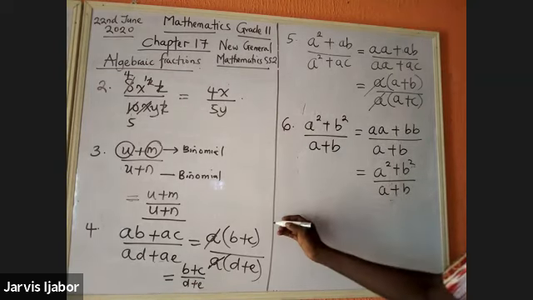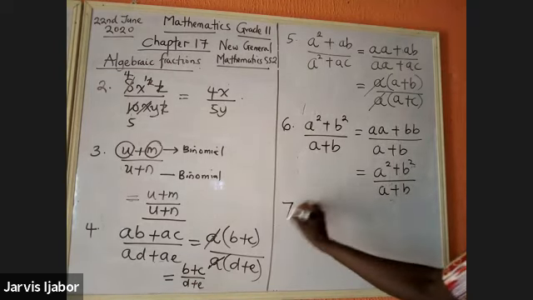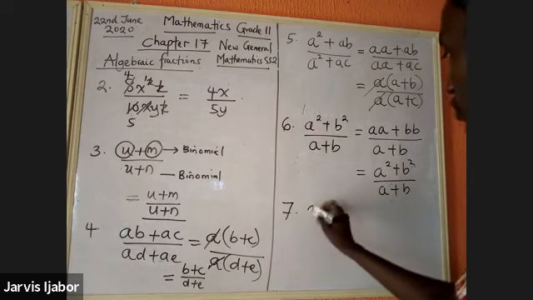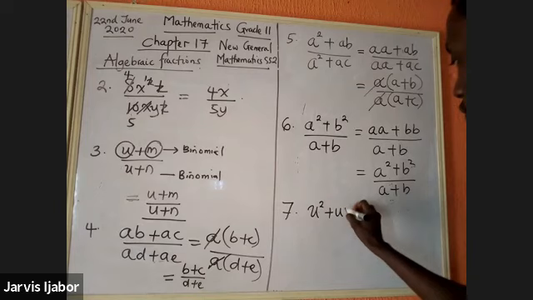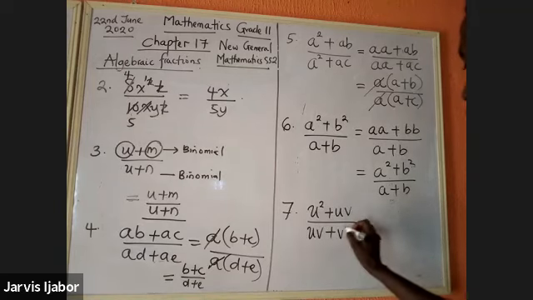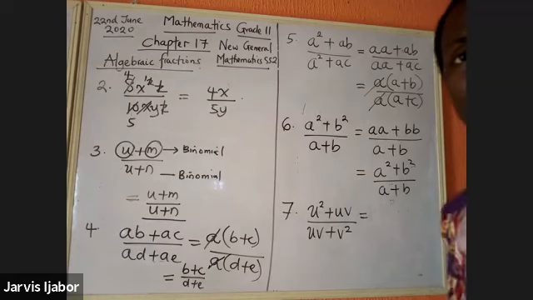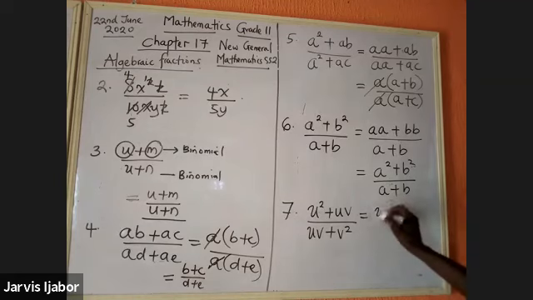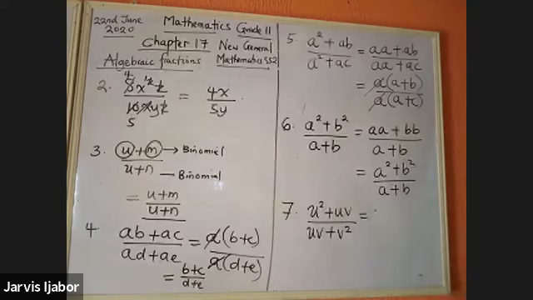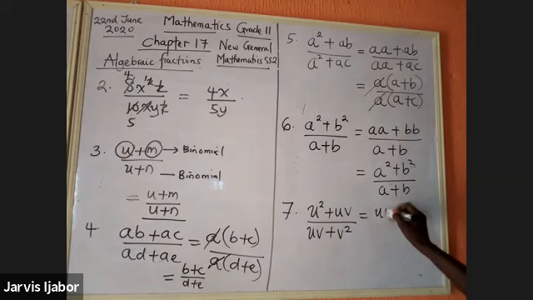Now let's see the other one. Question 7. In question 7, you have (u squared + uv) over (uv + v squared). What does that give you? This will give me u into (u + v), since I'll have uu plus uv.